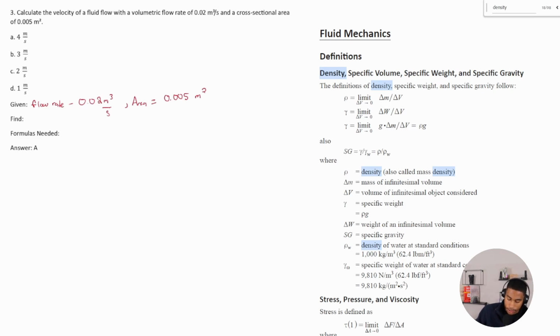All right, so what are we trying to find? Velocity, V. All right, so it's like we have the answer shown, but still work through this. So the formula, what formulas do we need for this one?